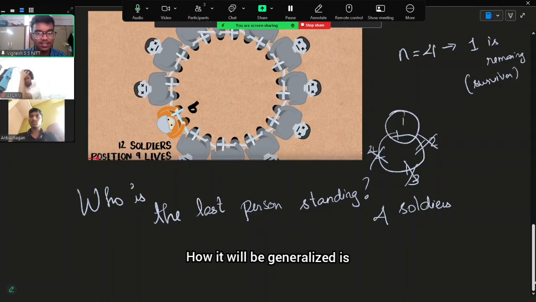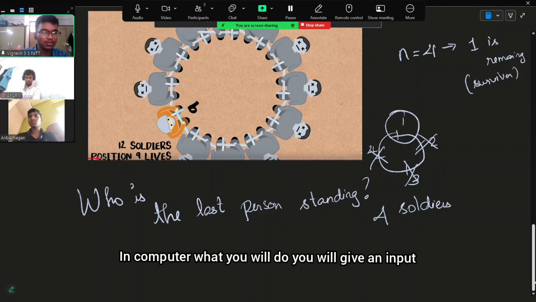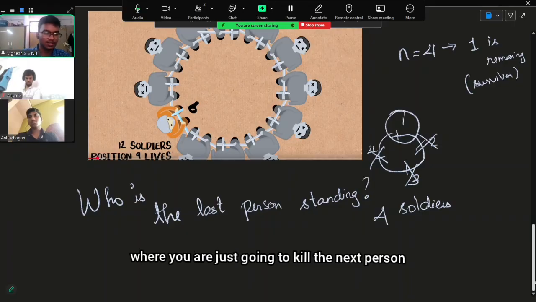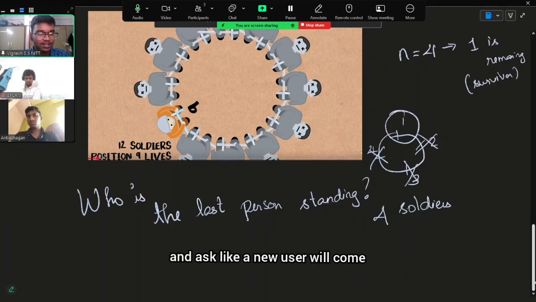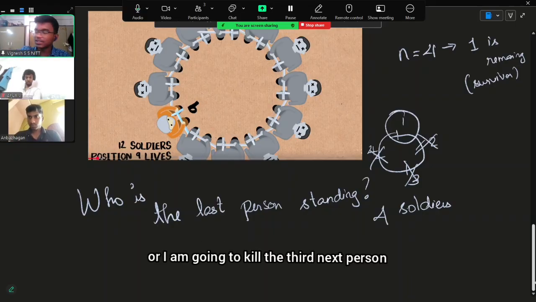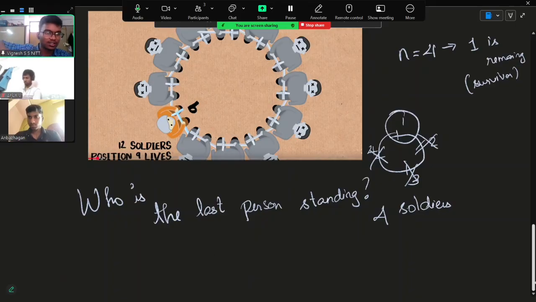How it will be generalized: now we are killing the person next to us. But in a computer, you give an input and ask the computer for the solution. In this case, it is just one case where you kill the next person. But a new user may come and say, I'm going to kill the second next person, or the third next person, or the fourth person, and then circulate.